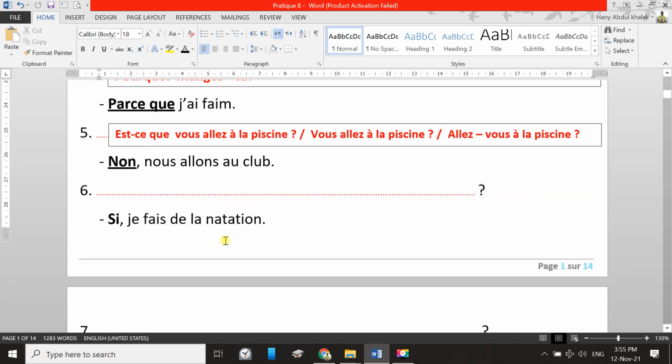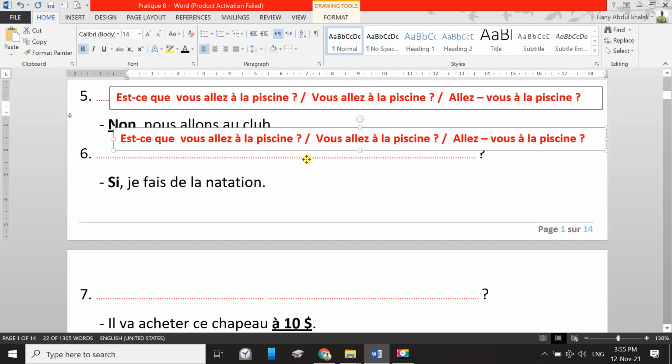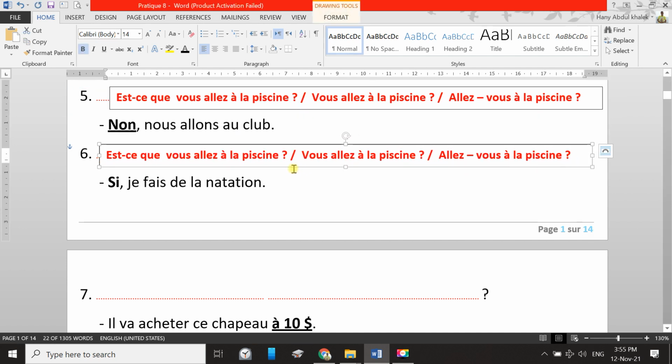Type here, numéro 6, si je fais de la natation. It's something that you don't have in English, but we have something like that in Arabic. Si means, like we say in Arabic, bala. Like we say in the Holy Quran, when we say alastu bi rabbikum qalu bala.